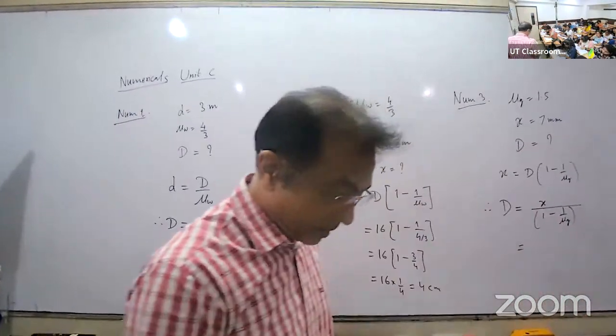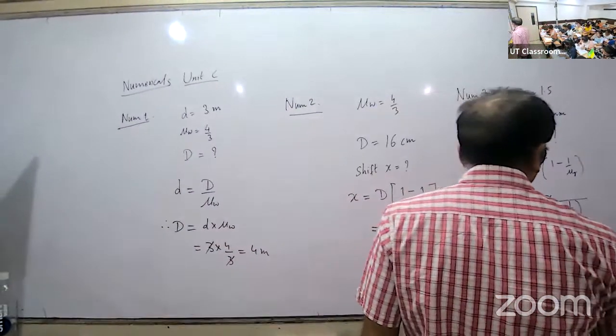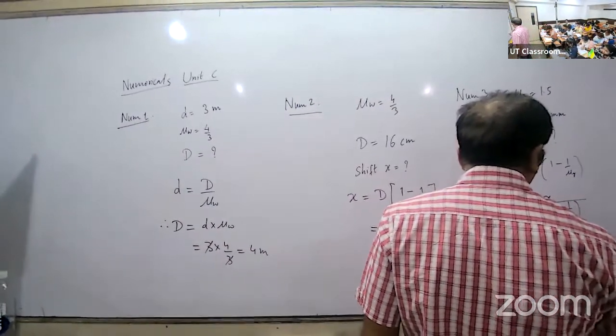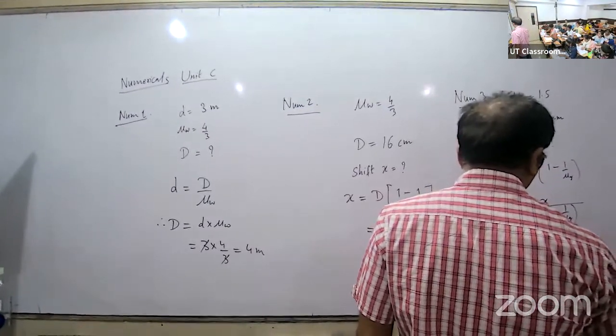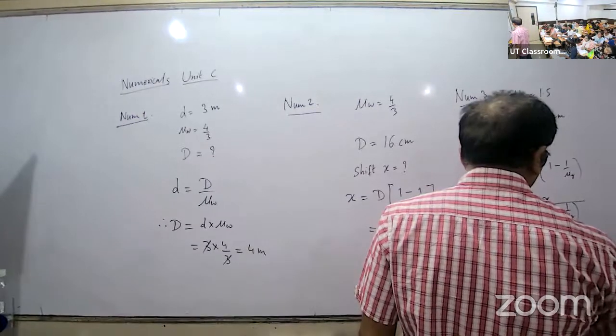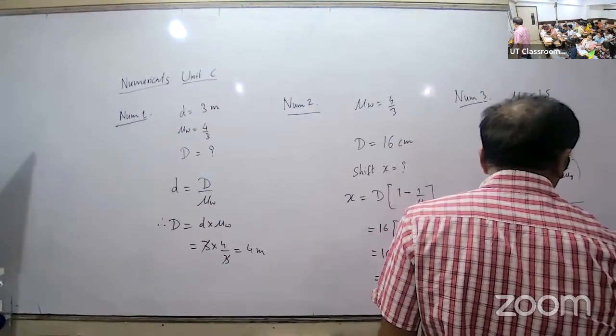Is this the data same as per my book? Yes, sir. 7 divided by 1 minus 1 upon 1.5. 10 minus 1 is 9 by 15.